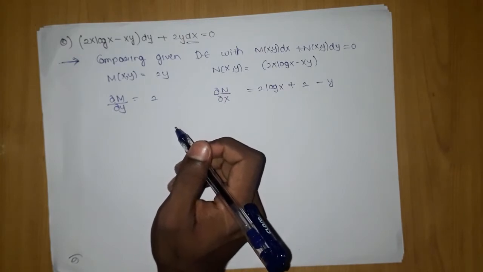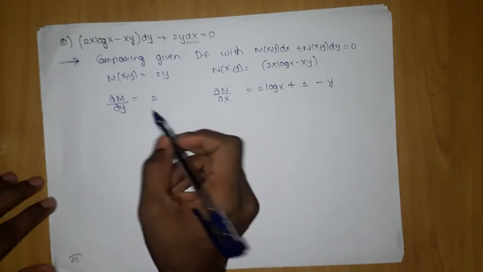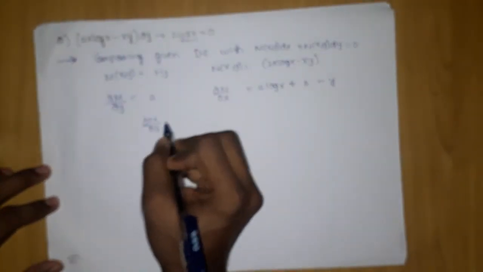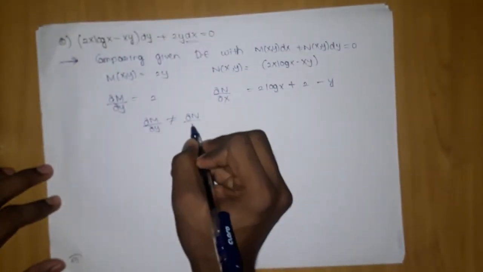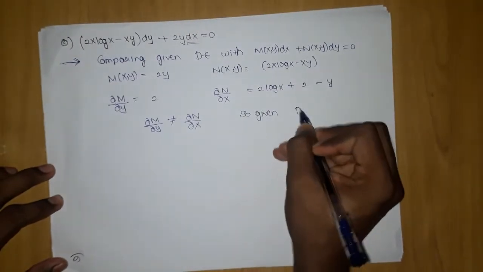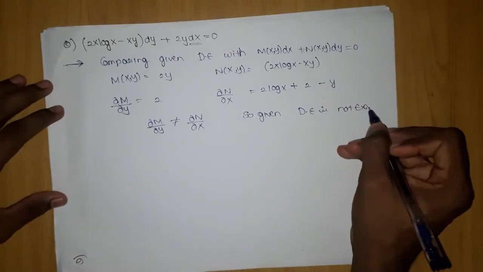This is the simple process which you need to follow in all the problems; there is no large variation. So you can clearly say that dou M by dou y is not equal to dou N by dou x. So the given differential equation is not exact.